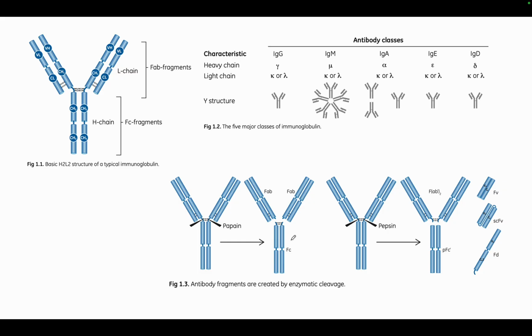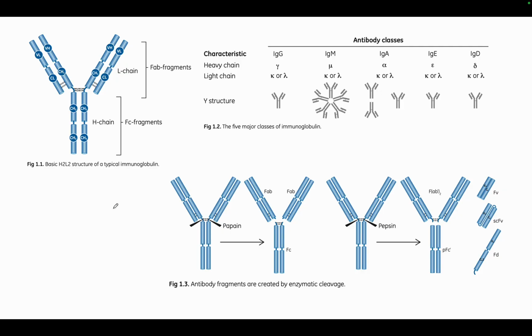I can give a regime of several immunization doses, then isolate the spleen of the mouse, create a hybridoma, and screen all the antibodies produced for ones which bind my protein of interest. In that way, I can generate an antibody against the protein that I'm interested in purifying.